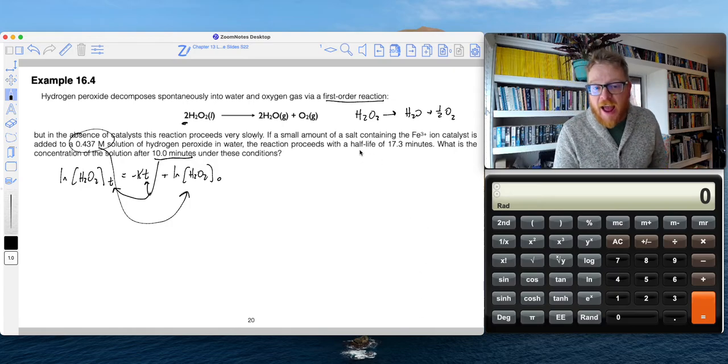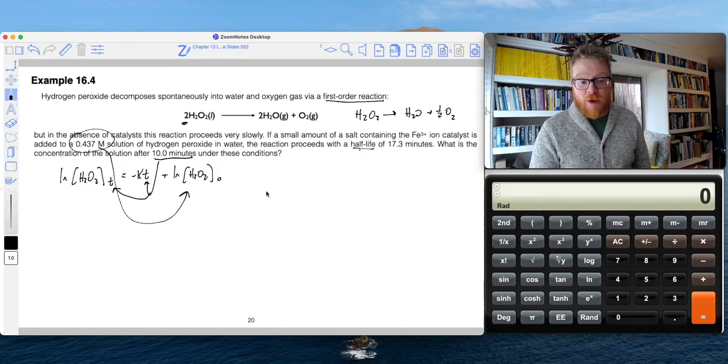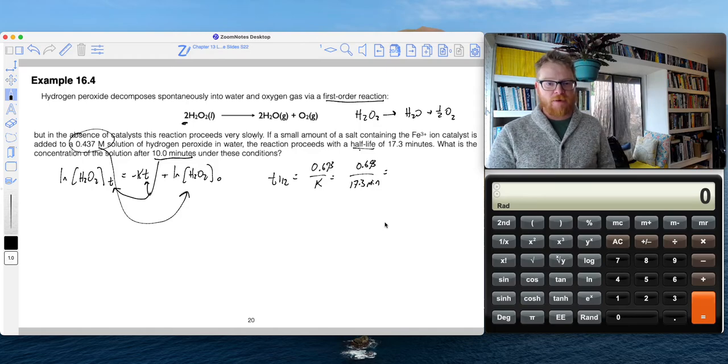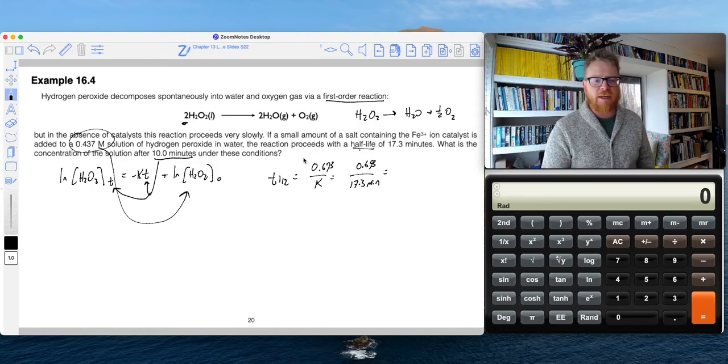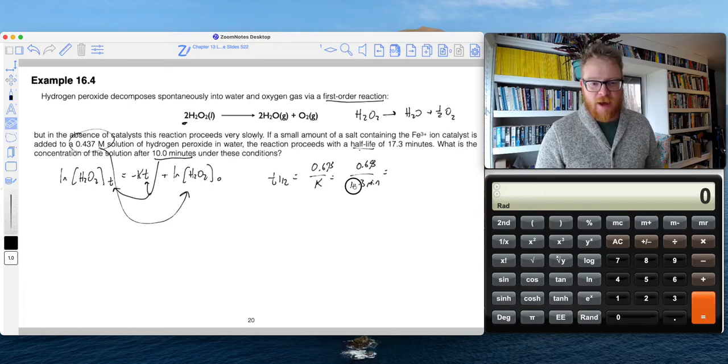However, we were given a half-life. And we know that we have a half-life equation for first order reactions. It goes t1/2 equals 0.693 divided by k. And so that's the first thing that we're going to need to determine. Okay, so that's just going to be, oh, wait a second. Aha! I was talking and totally did that backwards.